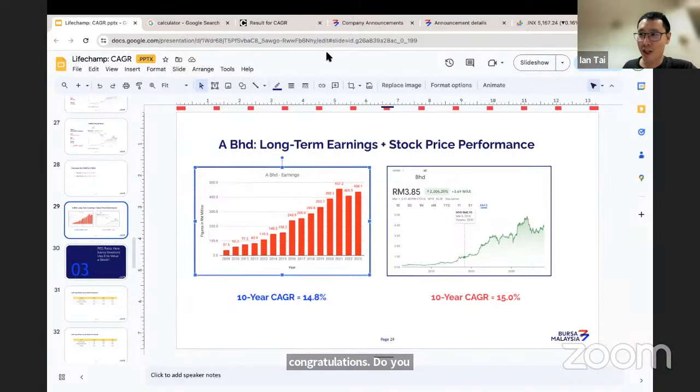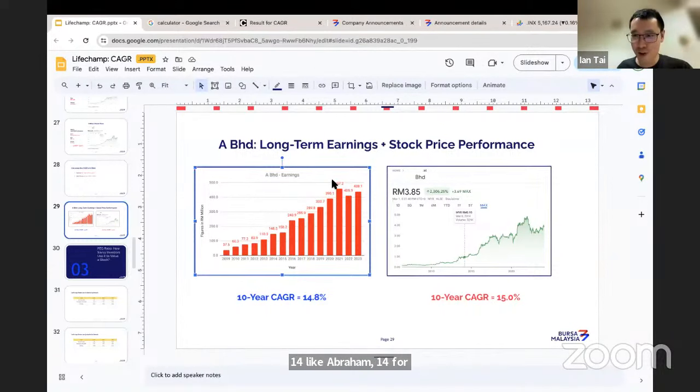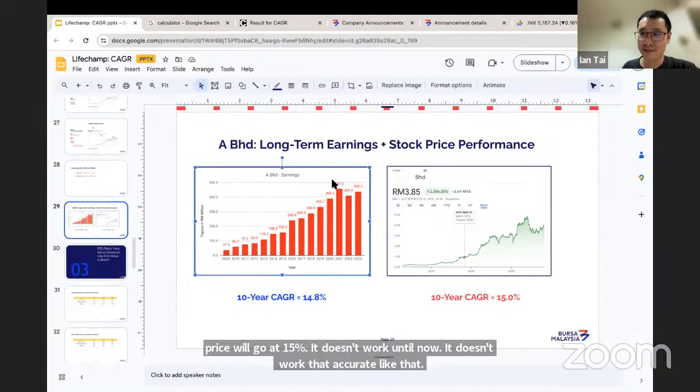You have got yourself a good buy. That is your reward as a long-term investor. So it's not necessarily that, like Aberhad at 14.8%, the stock price will grow at 15%. It doesn't work that accurately. It's not necessarily the case.